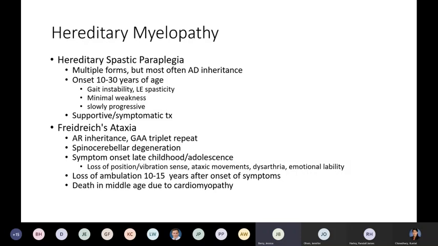They also have associated cardiac disease, cardiomyopathy, and usually will have decreased life expectancy due to that. Most patients with Friedreich's ataxia will progress to loss of ambulation and use of a wheelchair, usually within 10 to 15 years of symptom onset.